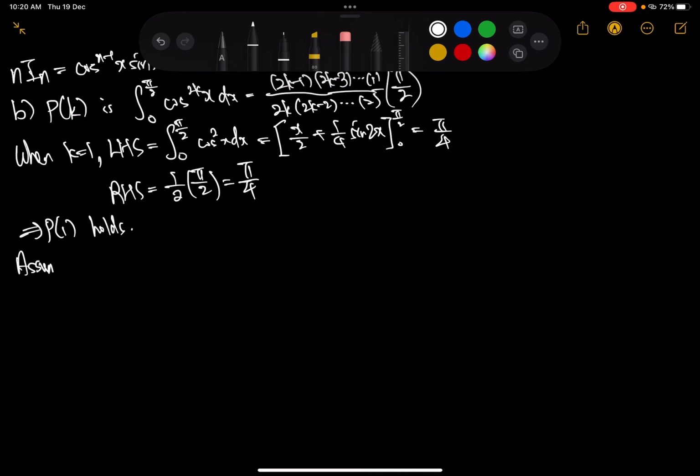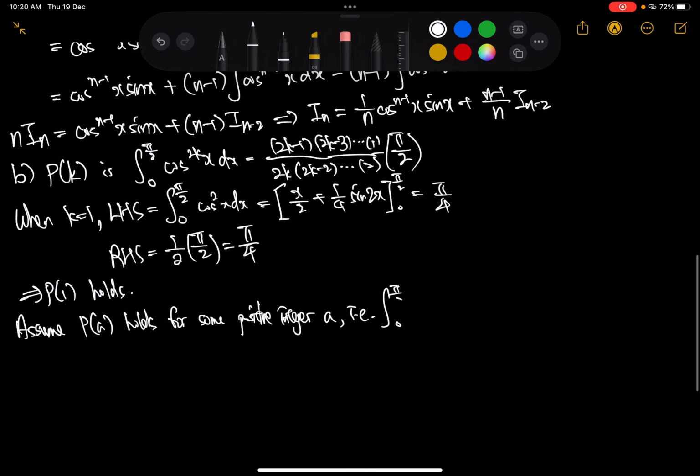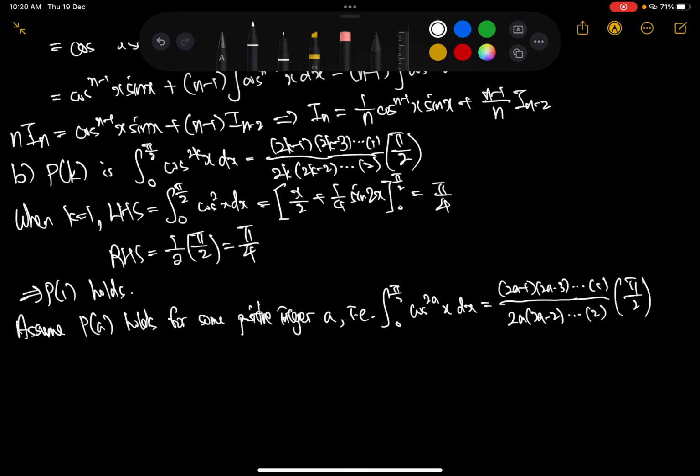And then assume Pa holds for some positive integer a, i.e. the integral from 0 to pi over 2 of cosine of 2a of x dx is that monstrosity of a fraction, 2a minus 1, 2a minus 3, to 1, over 2a, 2a minus 2, blah blah blah, to 2, pi over 2.